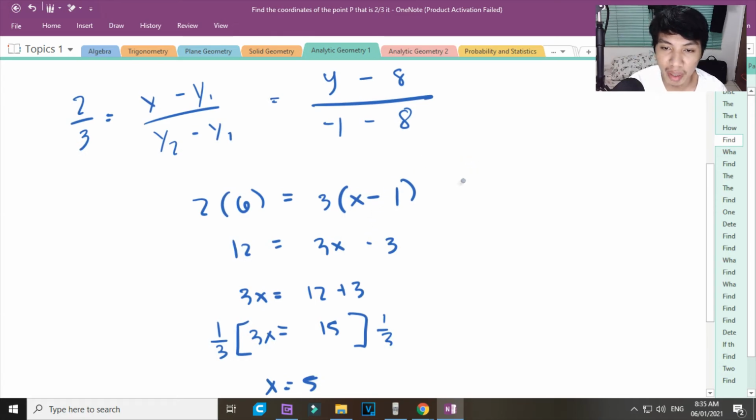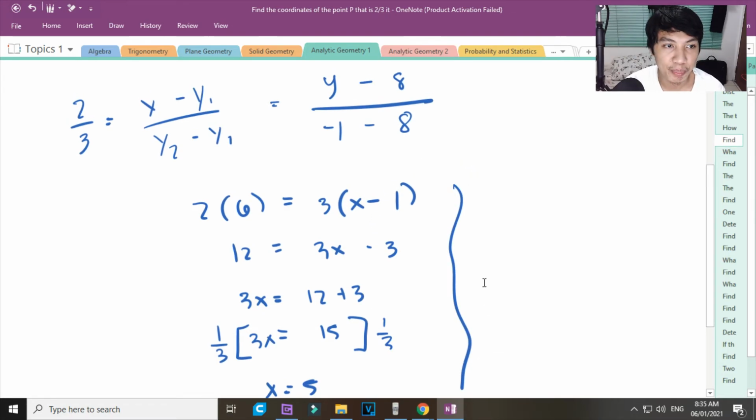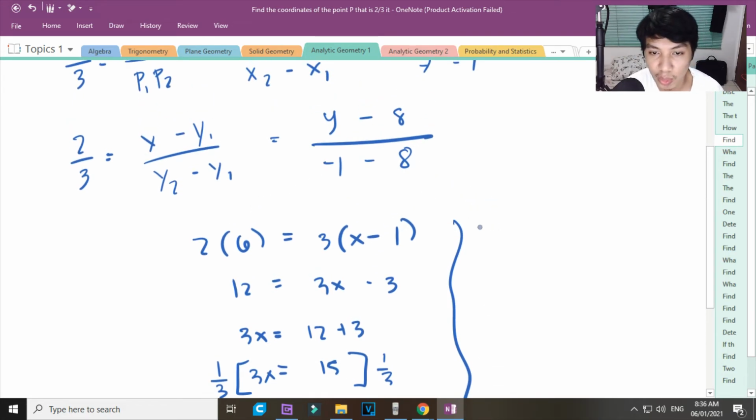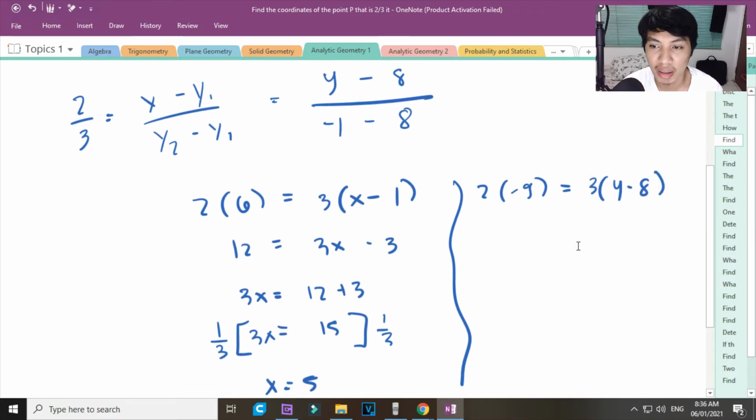Now for y. So, 2 multiplied by negative 9 equals 3y minus 8. 2 times negative 9, I think that is negative 18. 3y minus 24.